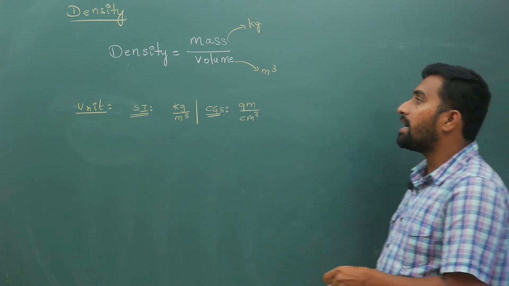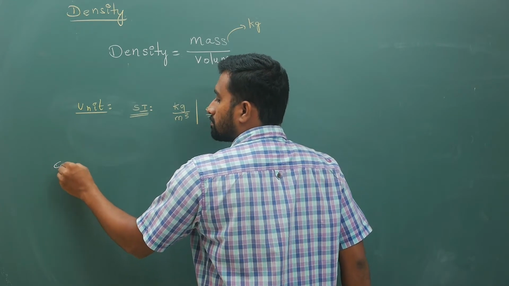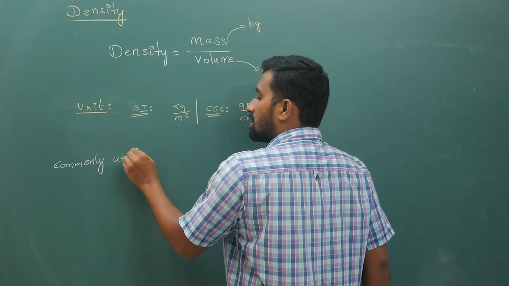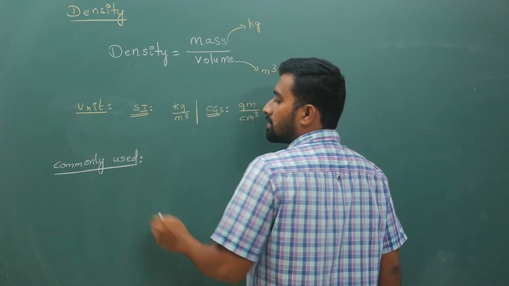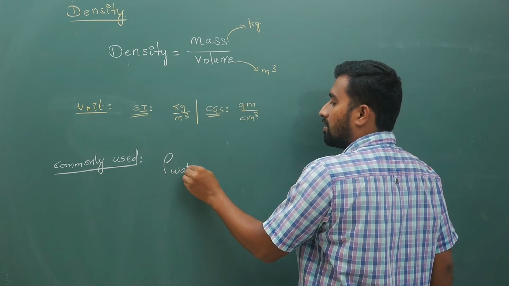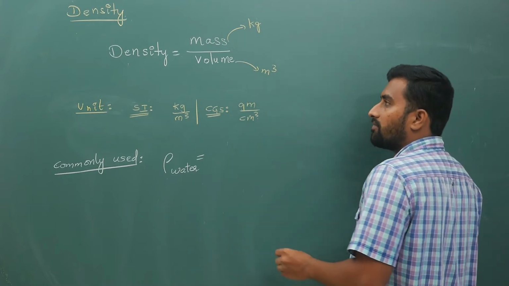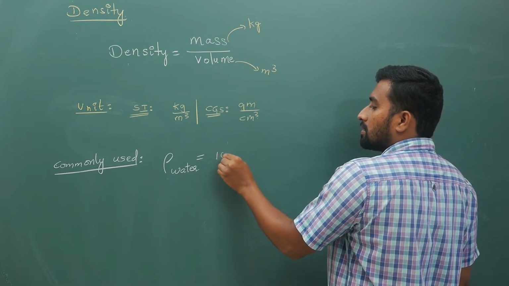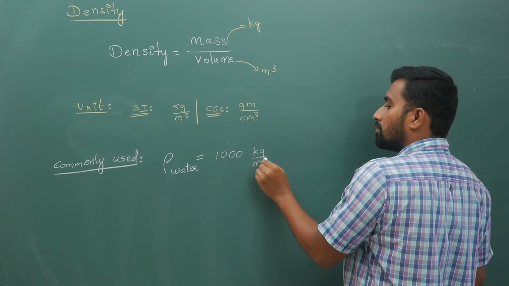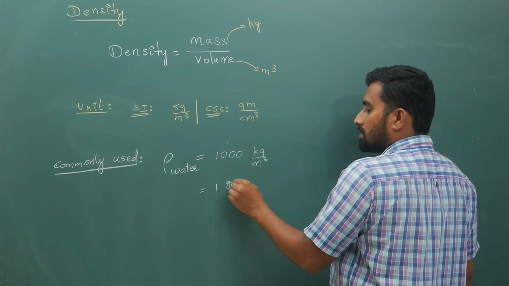Now the commonly used density of water in problems is 1000 kg per meter cube or 1 gram per cc.